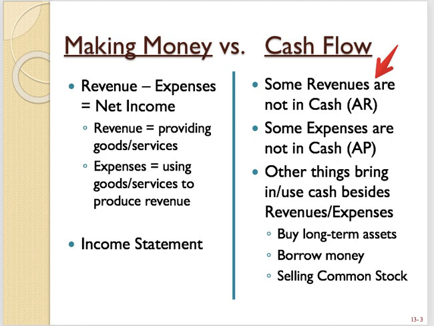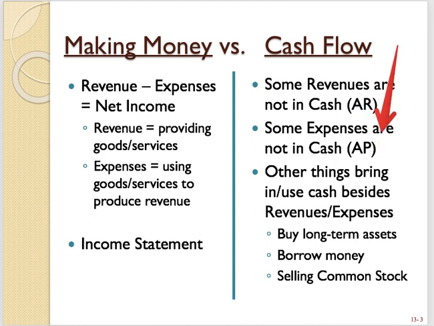That's what accounts receivable is. We've provided goods and services, so we've earned revenue, but we haven't collected the cash yet. It's a receivable. Also, some expenses are not in cash. Maybe we use something, but we haven't paid for it yet. And that is what accounts payable is.